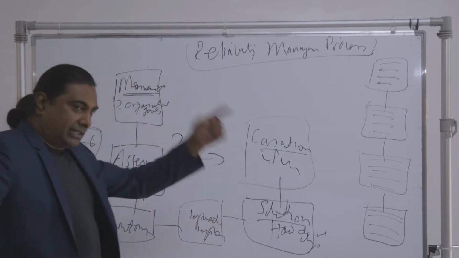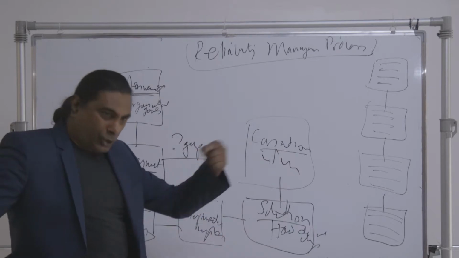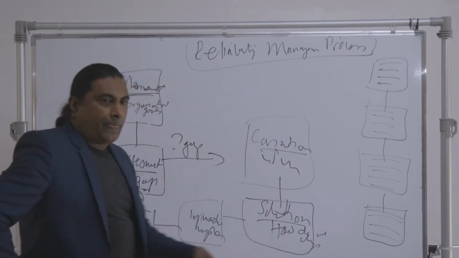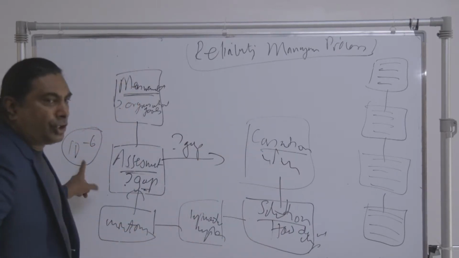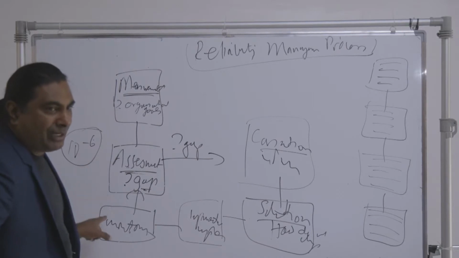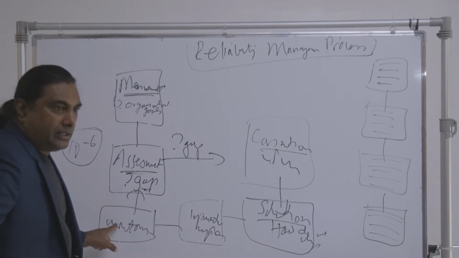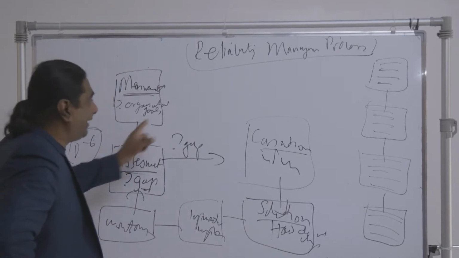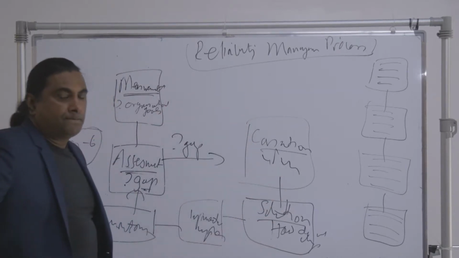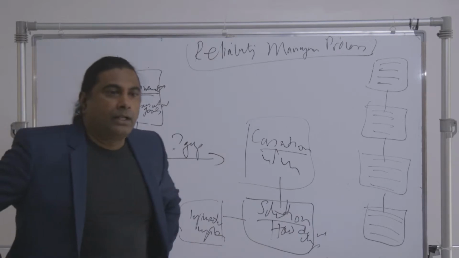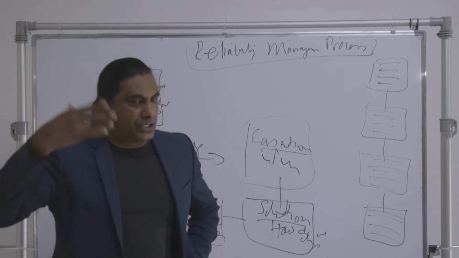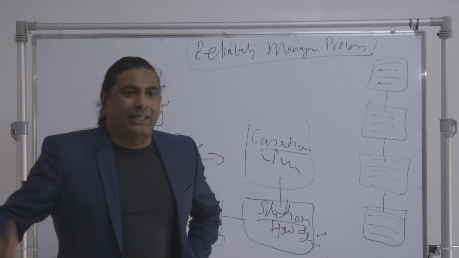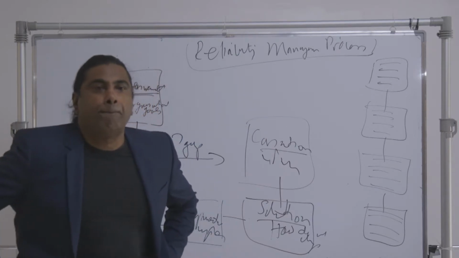So reliability is an iterative process. You may have improved from 10 to the minus 1 to 10 to the minus 2. That's good, but you actually want to get to 10 to the minus 6, so you have to start again. Okay, thanks. So it's a continuous process until we get to zero defect.